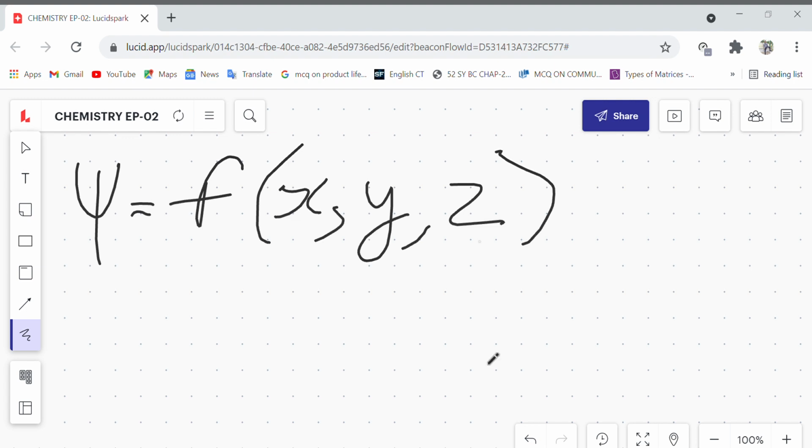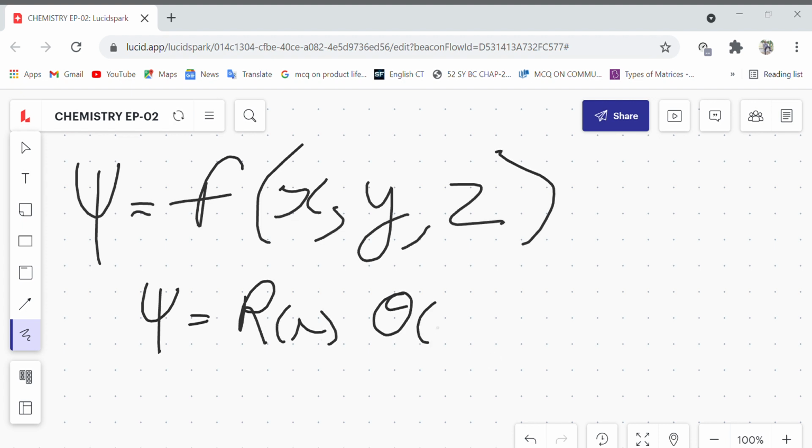Psi can be written as f of x, y, z, where psi is equal to R of r, theta of theta, phi of phi.